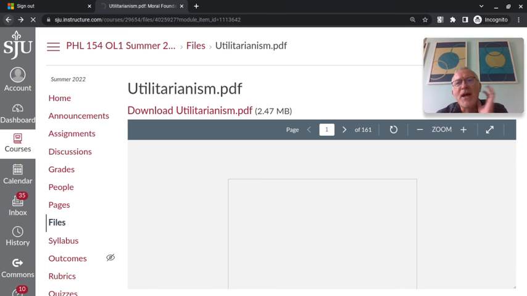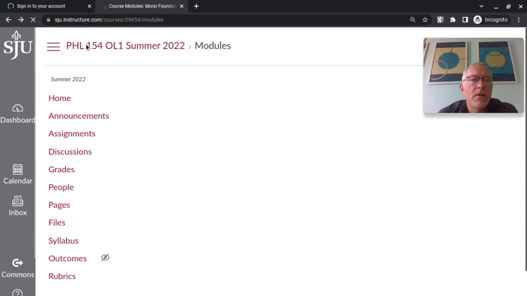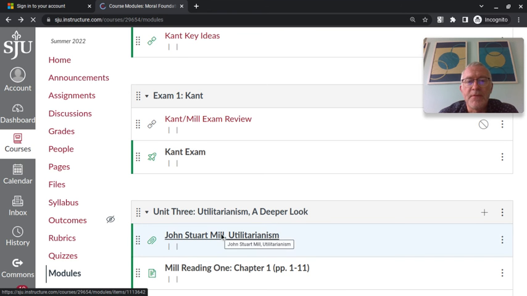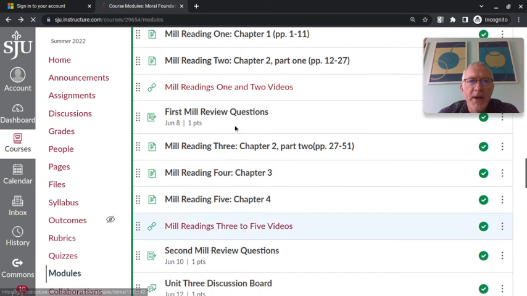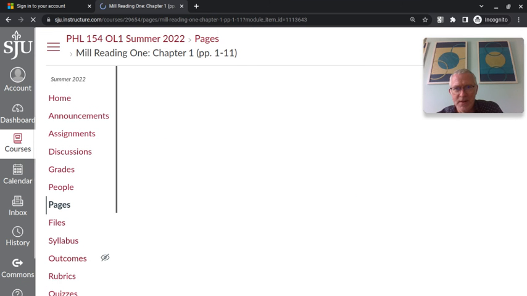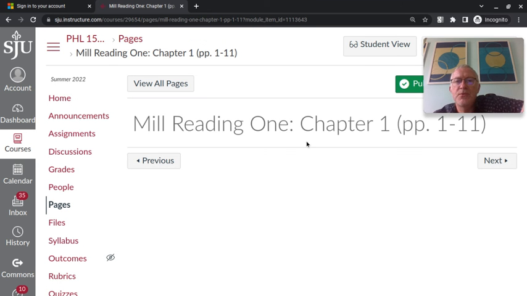Okay, you got that covered, right? So the whole reading of Mill's book, or all the readings, are in that initial link for the PDF to the whole book, and then under reading one, there's nothing there. It's just a little title or header to tell you which chapter to read and which pages of the chapter to read if we're breaking it up.